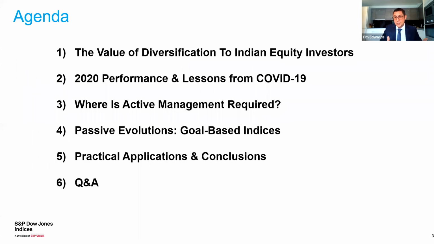In terms of the agenda, as Srinivas said, there's quite a lot to get through, and this is what I'm hoping we'll get through today in about 40 minutes or so. The first point is I shall be making the case of the value of diversification to Indian equity investors. And in that, I'm really talking about asset class diversification.